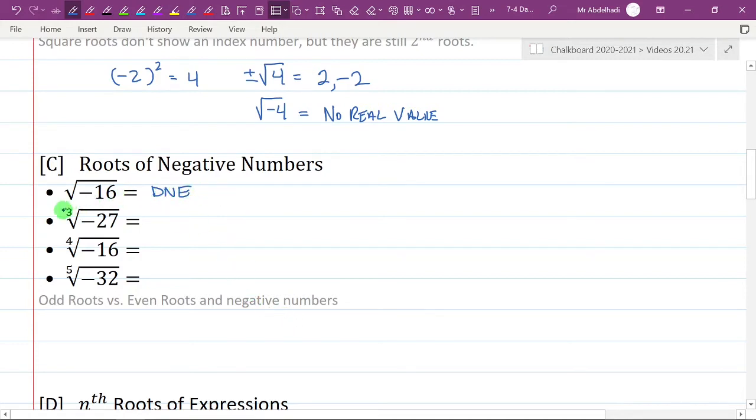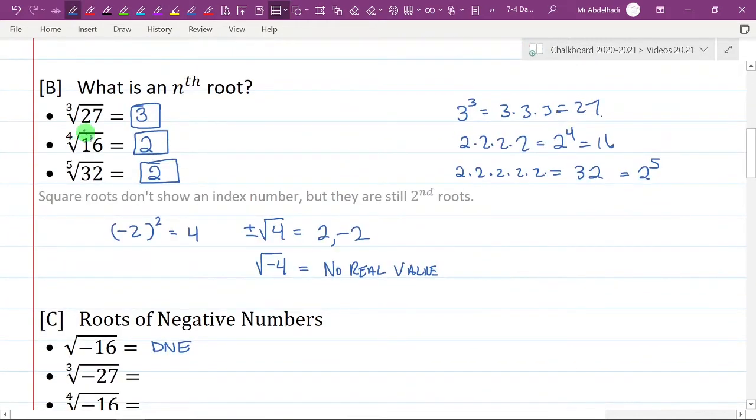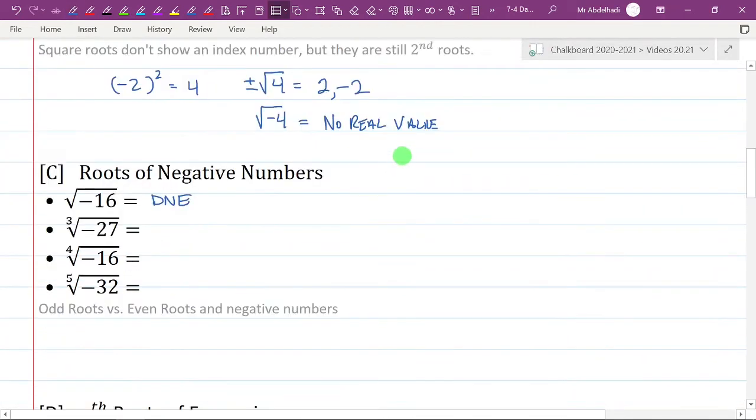But what about the cube root of negative 27? We just learned a minute ago that if you take 3 to the third power, you get 27. Is there a number you can take to the third power to give you negative 27? So let's come over here. What if you took negative 3, multiplied it by negative 3, and multiplied it by negative 3?